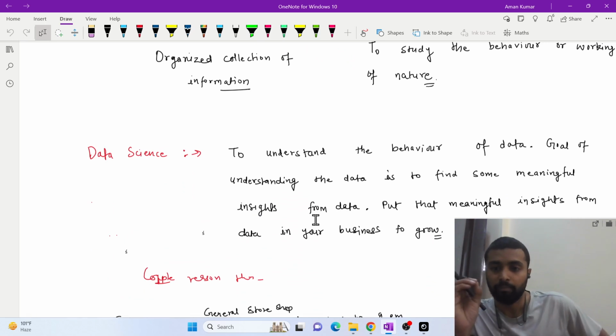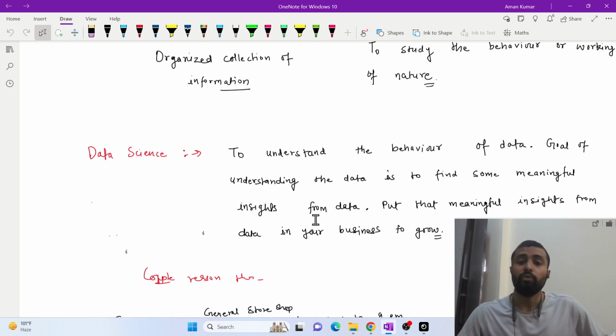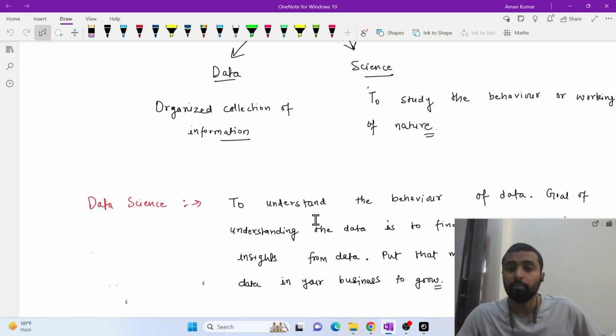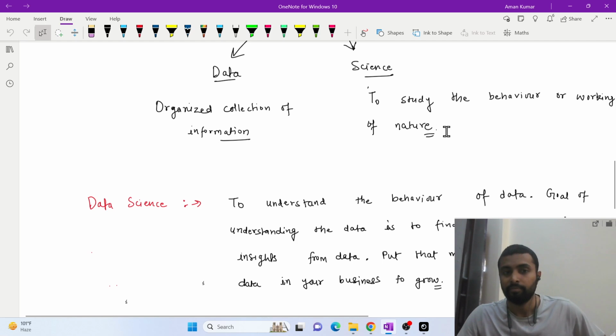To understand the behavior of data, in one sentence. So science was to study the behavior or working of nature. But in data science, we want to understand the behavior of data.